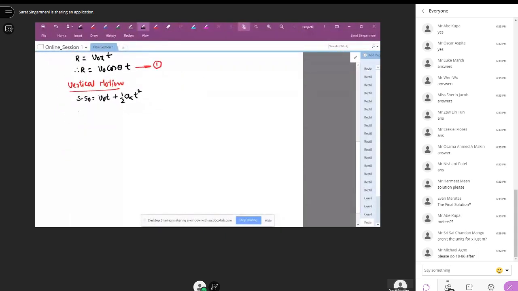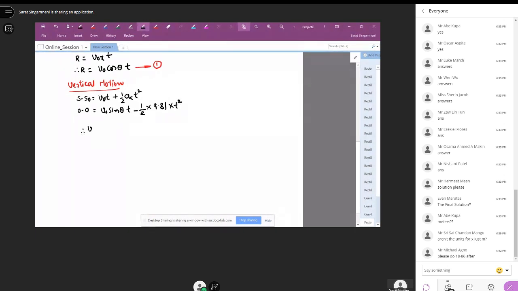The total vertical distance traveled is 0 minus 0 equal to, it started with V0 sine theta component in the vertical direction, times t minus half. I told you always substitute minus 9.81 as the acceleration in these equations, times t squared.